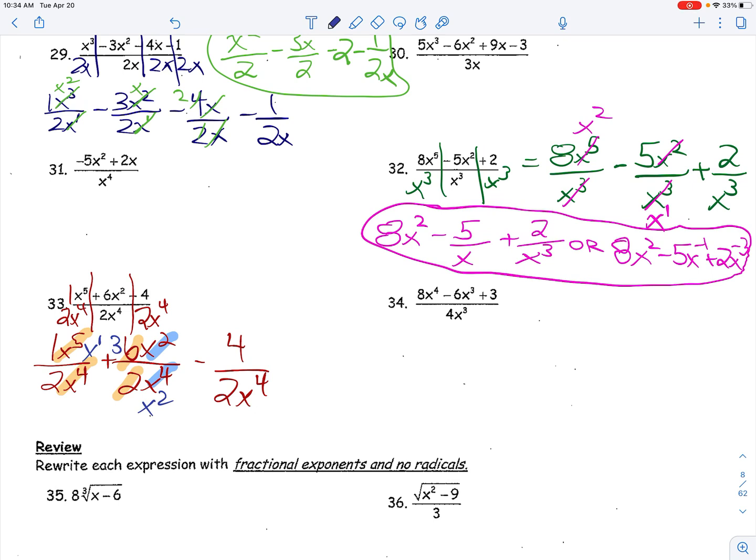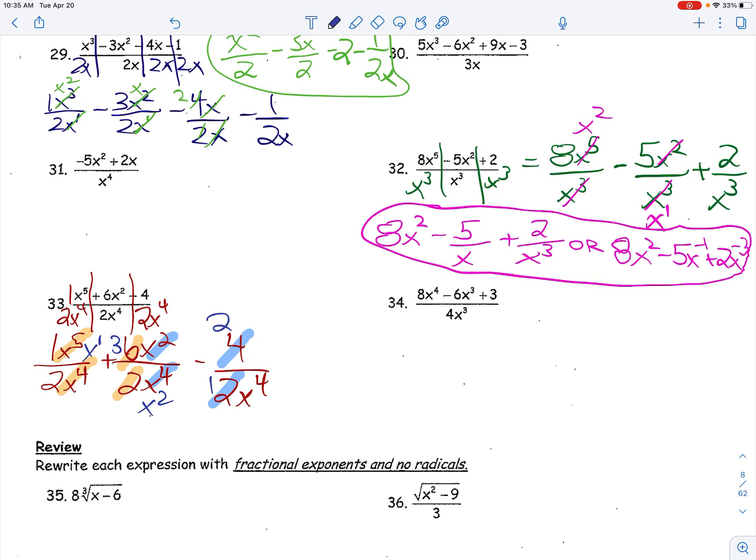And the last piece here, 4 over 2, we can divide that to 2 over 1. And we'll just leave the x^4 there.